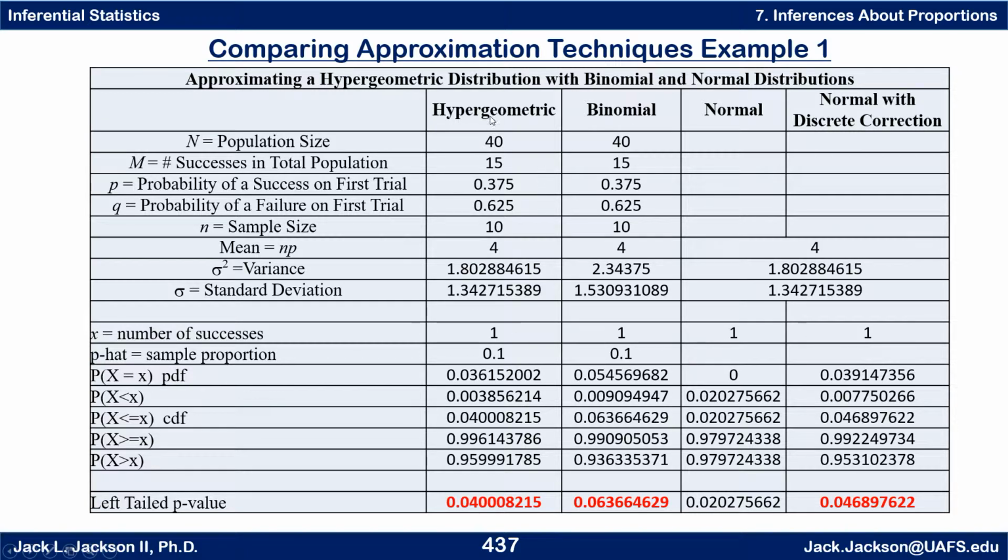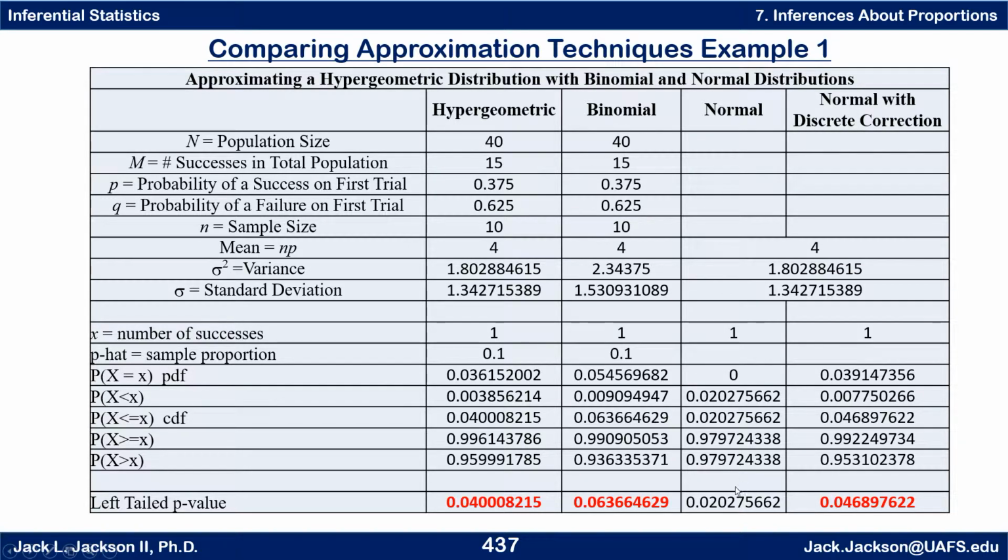If we approximate that with the binomial, we use the same probability of success, 15/40, which is 0.375, as our p probability of success each time on the binomial, and do a left-tailed p-value, we get 0.06. So notice if your decision criteria is alpha is 0.05, we get different conclusions there.